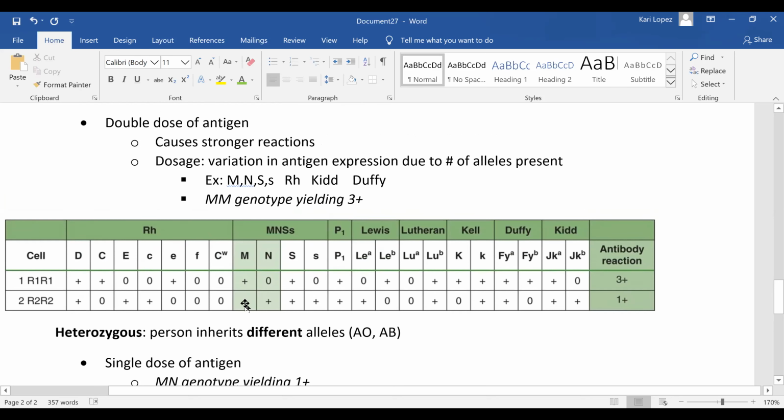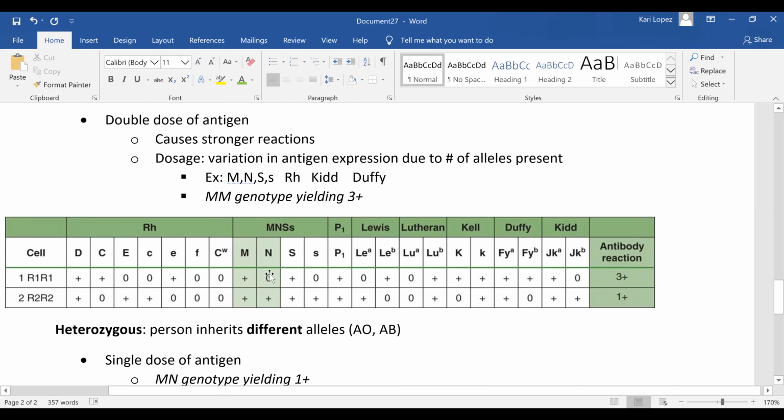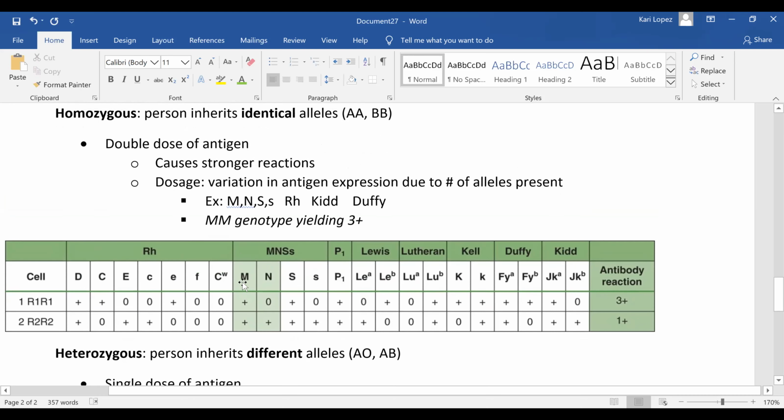What defines homozygous is a person inherits identical alleles. So in this case, they don't have an N. We happen to know that M and N go together. So if they don't have an N, that means they have 2 of the M's. And that makes it homo. But that's not always the case.